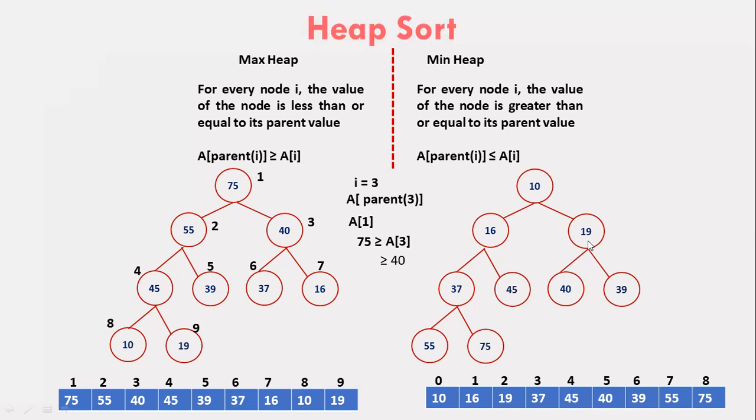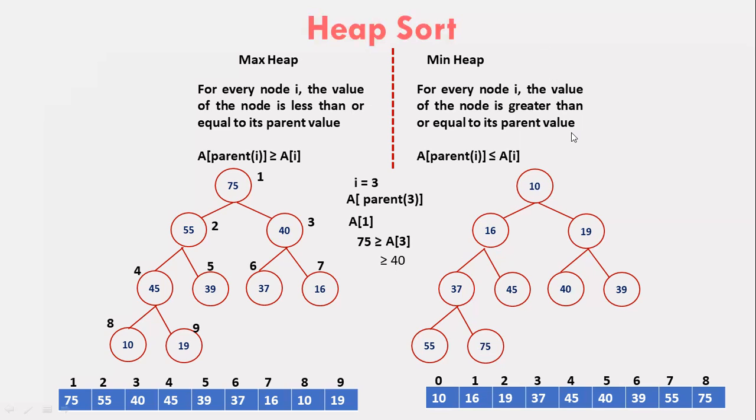So for any value of I, the value of the node is less than or equal to its child node. In another way, we can say that for every node I, the value of the node is greater than or equal to its parent node.